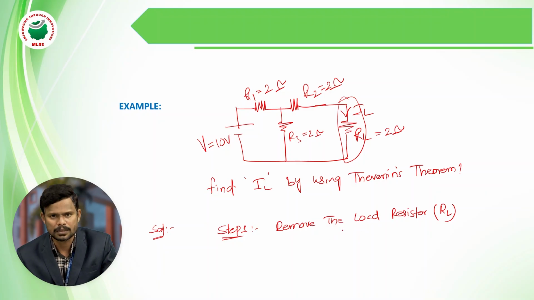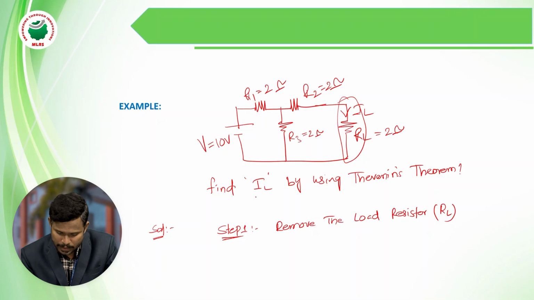If the load resistor is not mentioned in the circuit, that means the question asks for the current through some resistor, and that resistor itself is considered as the load resistor. So when the load resistor is not mentioned, the resistor at which we find the current acts as the load resistor itself, right?